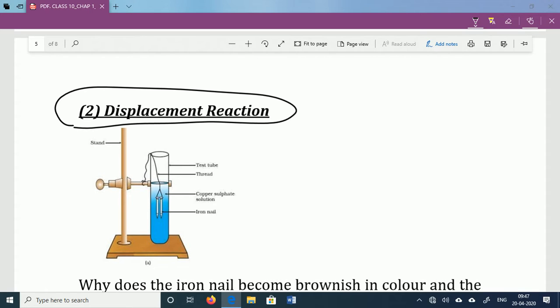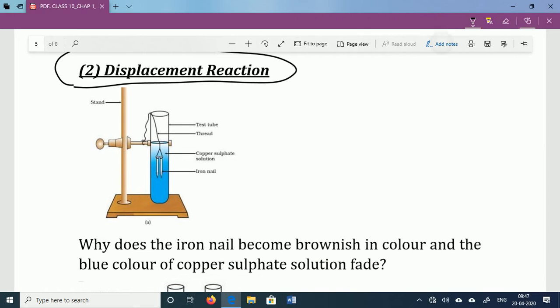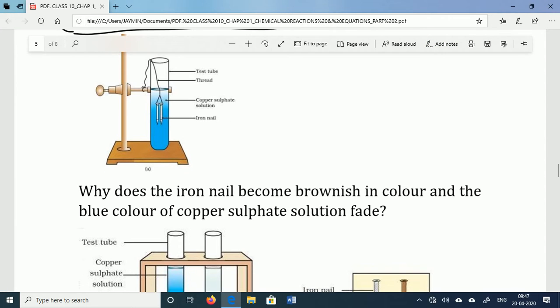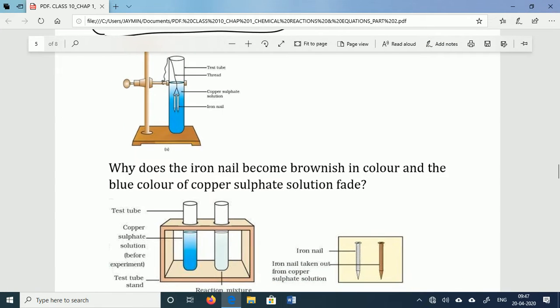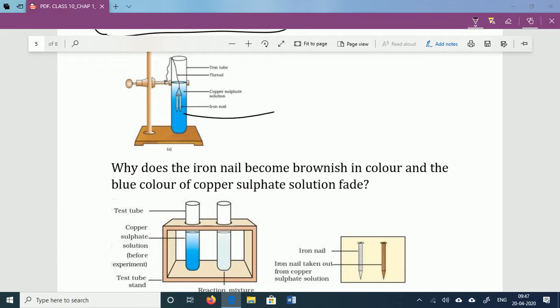Here, to understand the displacement reaction, one simple activity is given. We will take 2 iron nails. Actually in the book there are 3 iron nails, but there is no need to take 3. From these 2 iron nails we will hang them; in the picture, 2 iron nails are in hanging condition.